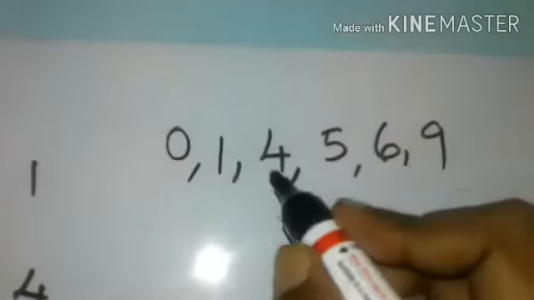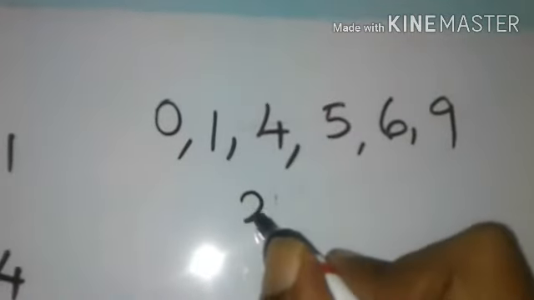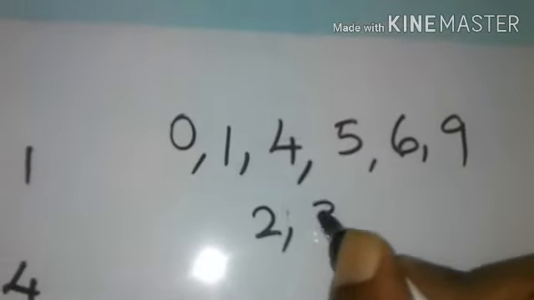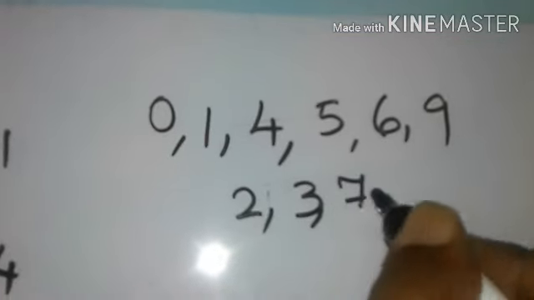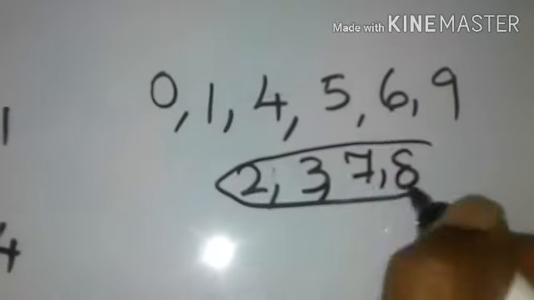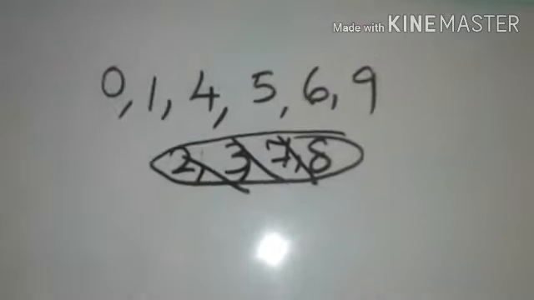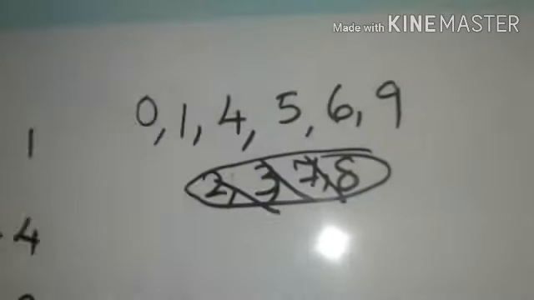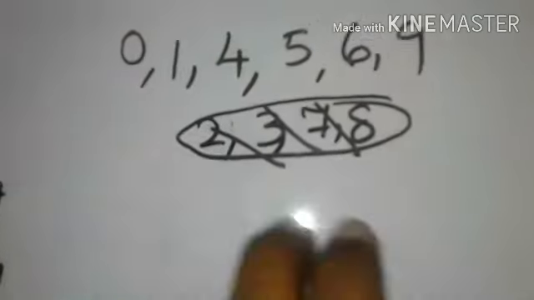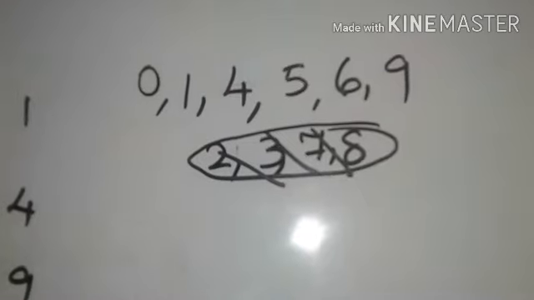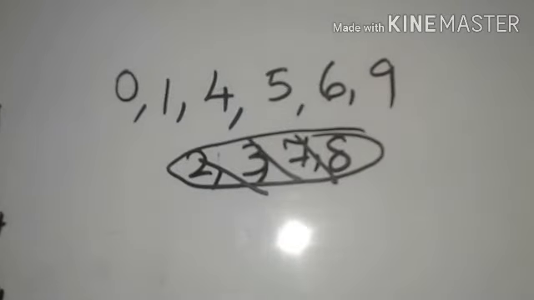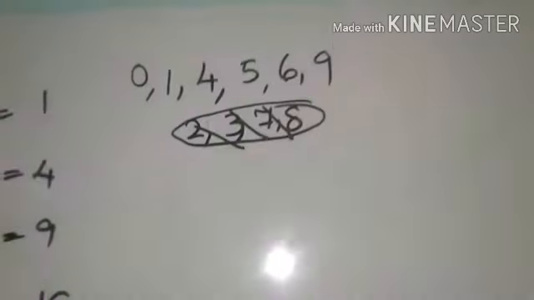So you can never find a square number ending with the digits 2, 3, 7 and 8. So you can find out if a number is not a perfect square just by looking at the last digit. If it ends with these digits, you can immediately say that that particular number is not a square number.